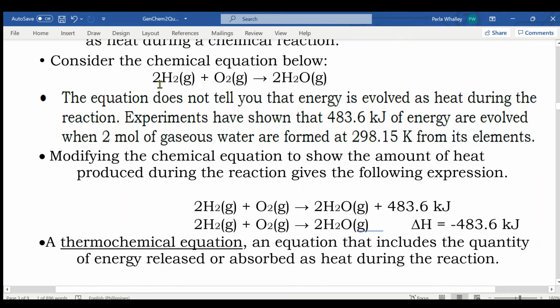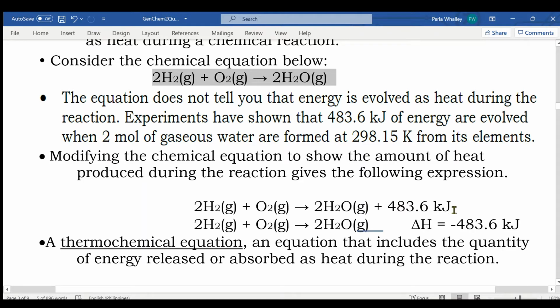So from this equation, we can now add 483.6 kilojoules of energy evolved or released. When it is evolved or released, that means the energy should be placed in the reactant side.